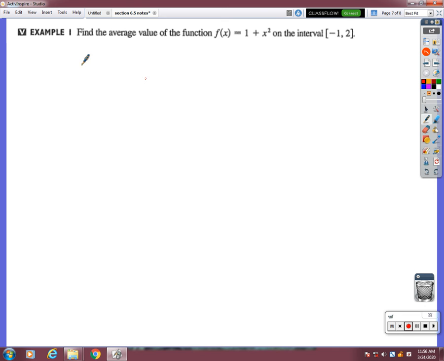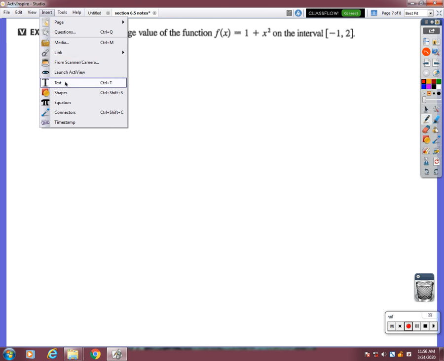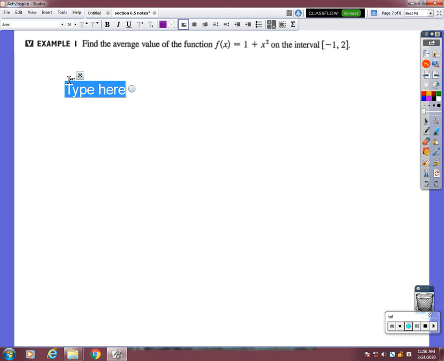So we found the average value here in the last exercise. So average value equals 2. So what we're going to do now is see where this function equals 2 on that interval from -1 to 2. So I'm going to take 1 plus x squared equals 2.